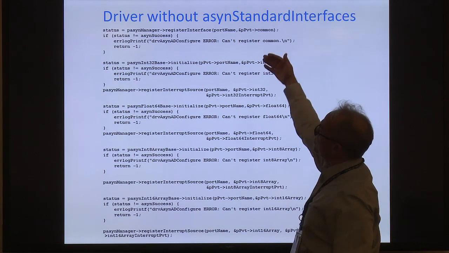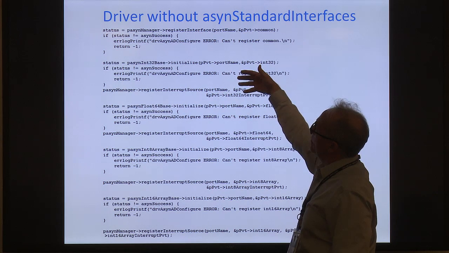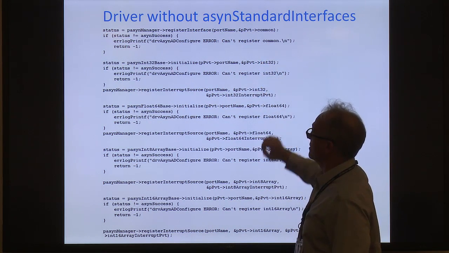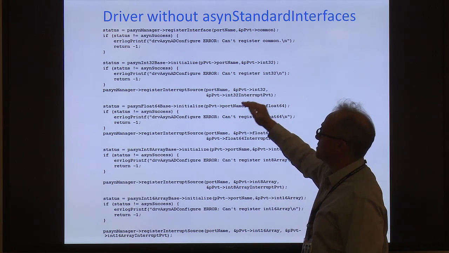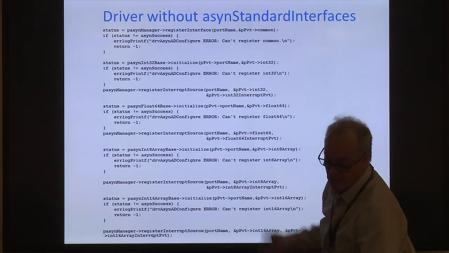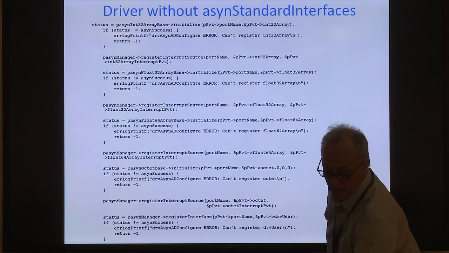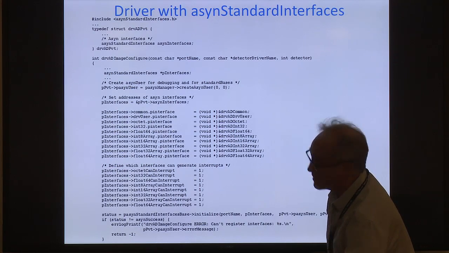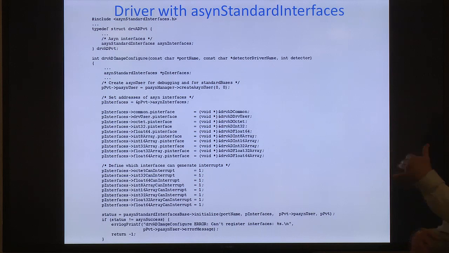Anyway, so you have to call register interface or initialize, depends, different ones are done differently. Register an interrupt source, initialize, register interrupt source, error checking, blah, blah, blah. It ends up being, I think this is like 6 or 7 pages of code just to get going in your driver with busy work.